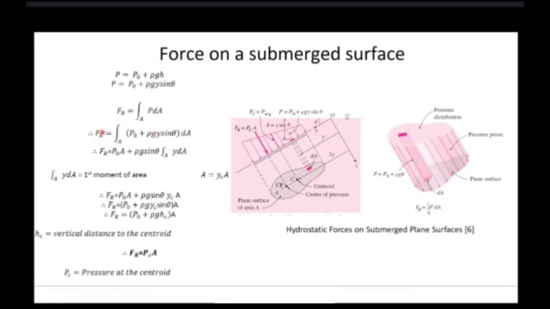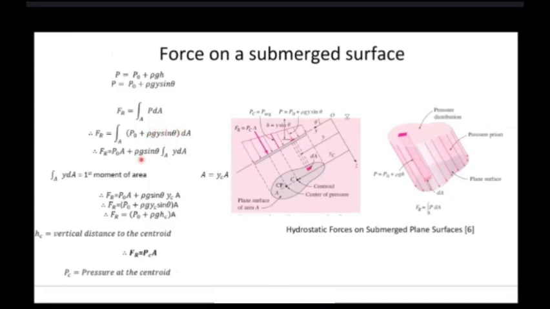So my force is equal to the integral over the area of P0 plus rho g y sine theta dA. If I integrate my atmospheric pressure with respect to area, we're going to end up with P0A. That's where this term comes from. Rho g sine theta, clearly that's not a function of y.